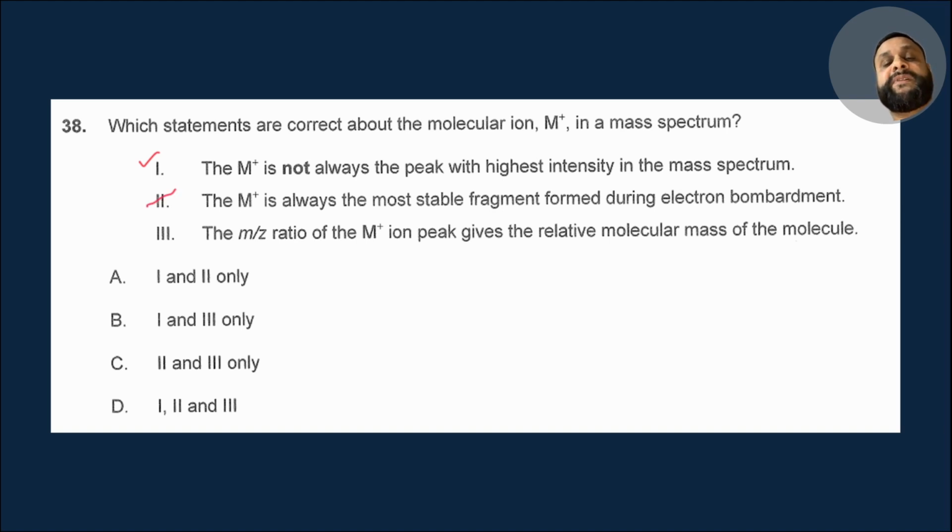It's not the most stable. It needs to break down into smaller fragments. Number 3, the m/z ratio of M+ ion peak gives the relative molecular mass of the molecule. So that is correct. So let's go through the options. A, 1 and 2, no. We're looking for 1 and 3. So B is the correct answer, 1 and 3.